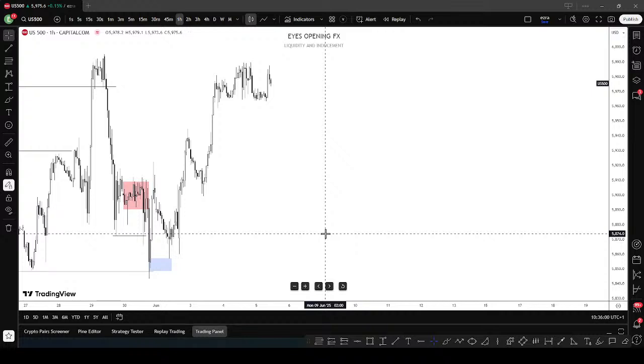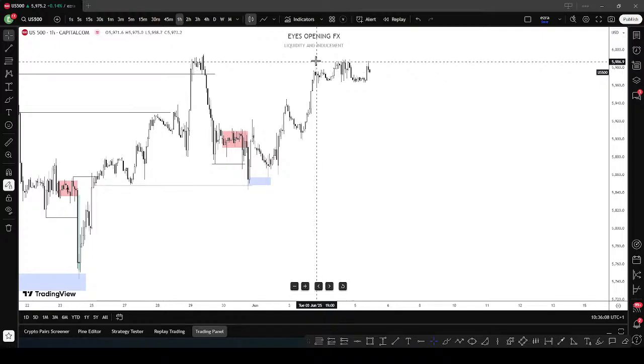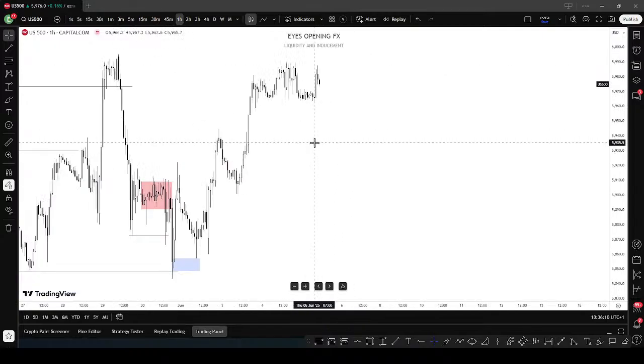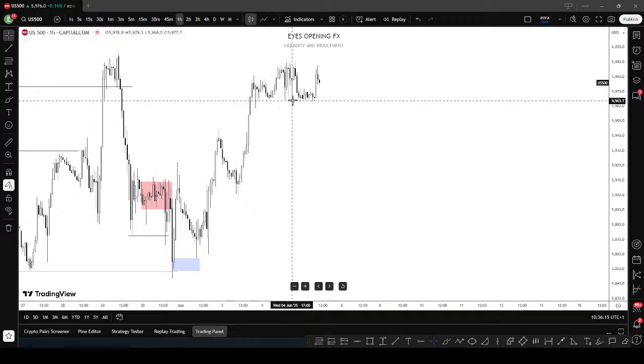Same thing with this one, which was very straight and direct. After this inducement, consolidation, and manipulation to the downside, a break of structure, entry right here, and buy continuation to the upside right there.